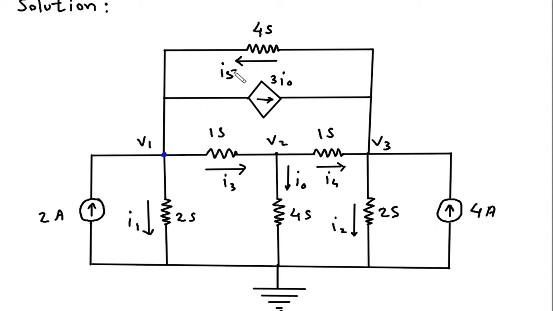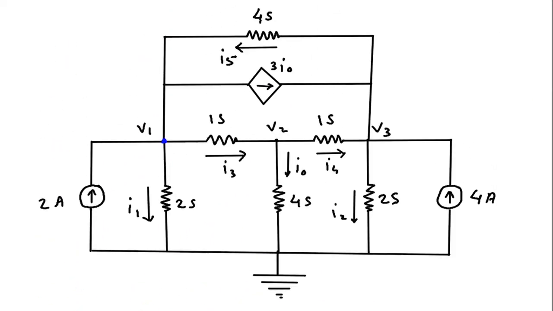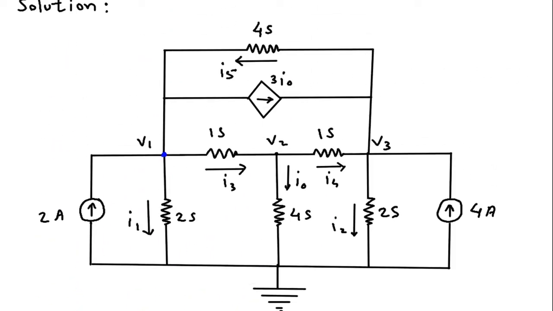Two ampere and I5 are the entering currents and leaving current is I1 plus I3 plus 3IO.